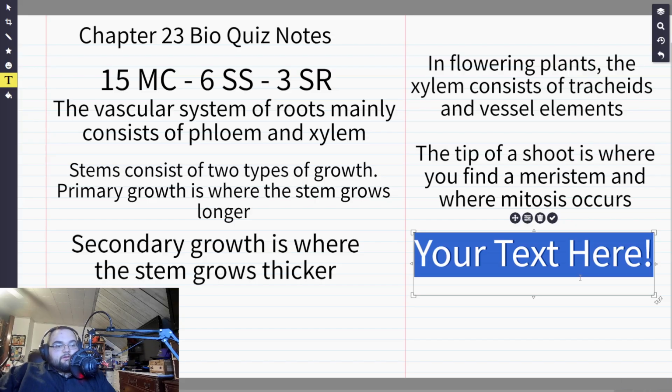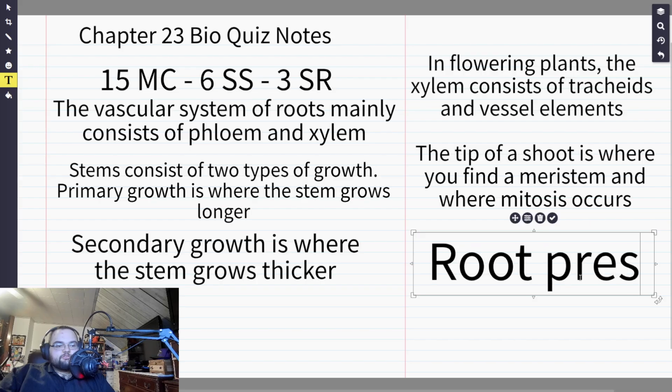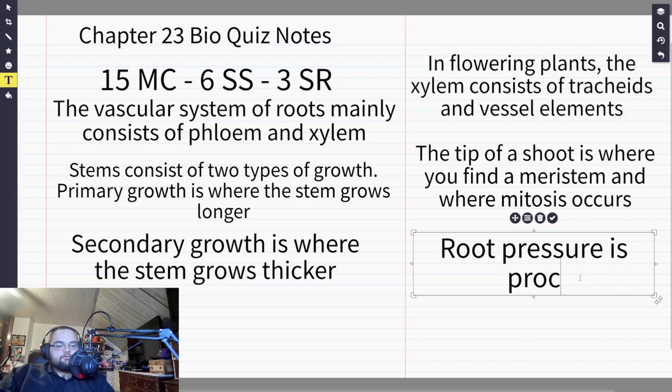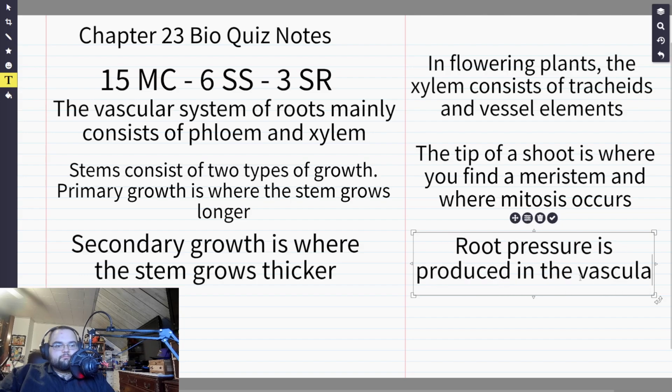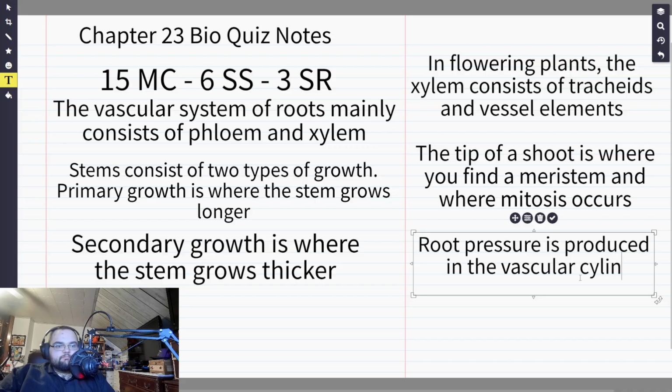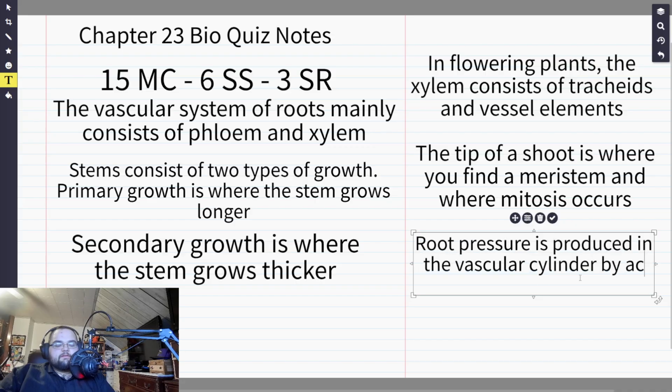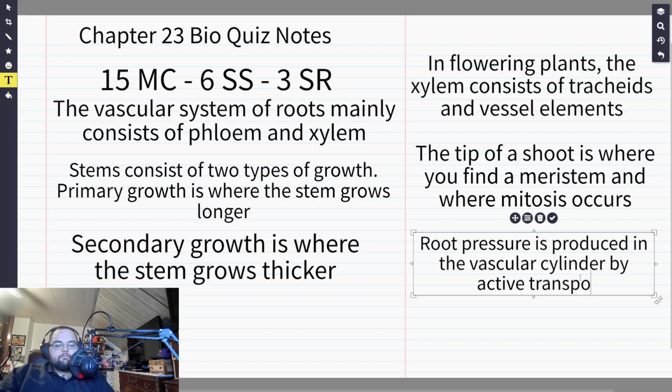Okay, let's see. Root pressure is produced in the vascular cylinder by active transport. Now remember, roots take in water and nutrients.